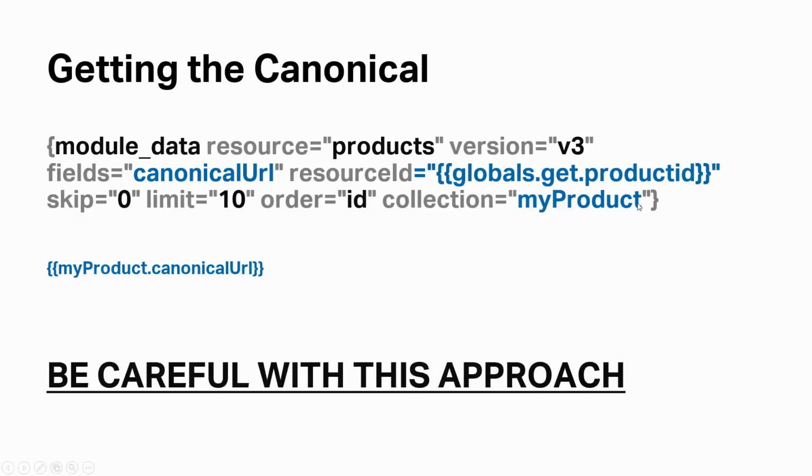And then in order to get the canonical URL, I'm going to use myproduct.canonical URL. So that's how to call that actual information. But there's something you really need to be careful with. You might use this approach to get the absolutely right URL. So let's say share on social media.